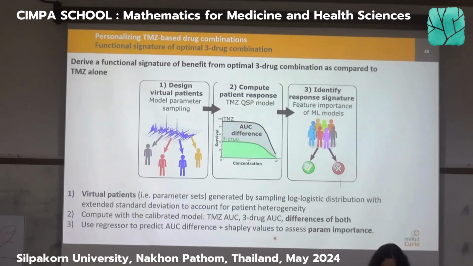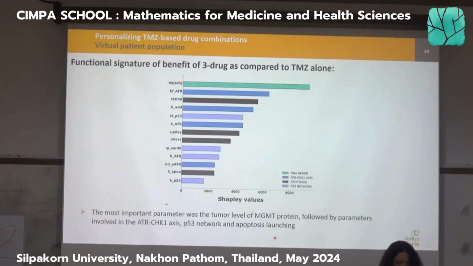And then I will cut the story very short. This is the result of the importance. Here you have the Shapley values for the different parameters, the most important ones. Here I should have said that we have done the analysis for all patients, whether they are MGMT plus or minus, whether they overexpress MGMT yes or no. What you can see is that the first important thing to benefit from this 3-drug combination is to overexpress MGMT.